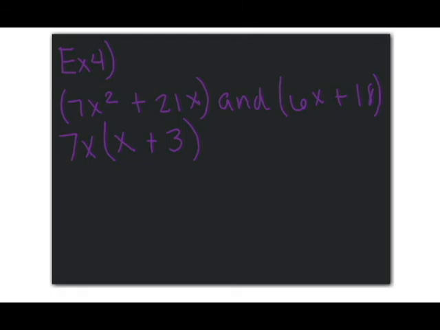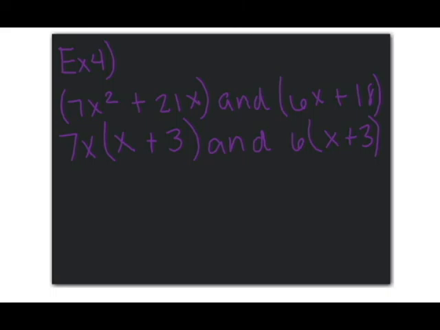Go ahead and break down 6x plus 18. When it's completely factored, we end up getting 6 parentheses x plus 3. Now, when we factor these down, just like we did before into our factor tree, the x plus 3 in both binomials stay as a normal variable by itself.